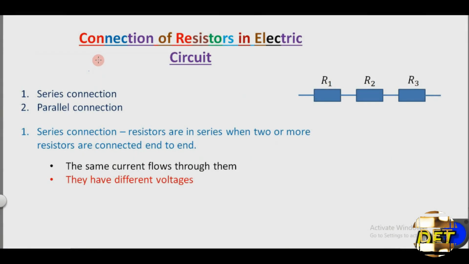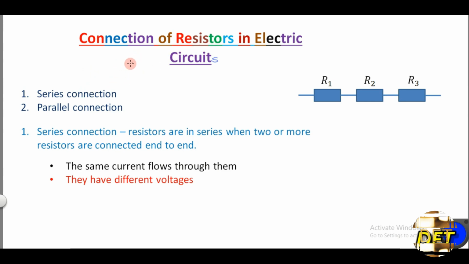Okay, so in this video, we're going to look at the connection of resistors in electric circuits. How are resistors connected in an electric circuit? A resistor is simply a wire or a material that offers resistance, that offers opposition to the flow of current.